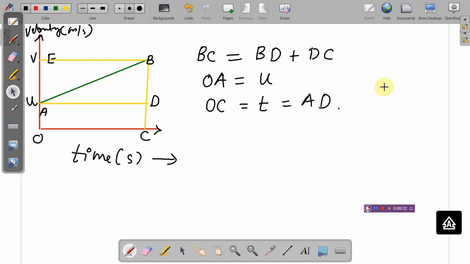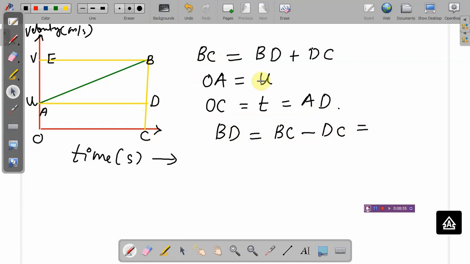right? Now let's concentrate on this particular position, that is BD. What is BD? BD is the change in velocity, the line which is representing the change in velocity, right? So BD is equal to BC minus DC, right? So what is BC? BC is the whole length, right? So this shows the final velocity.